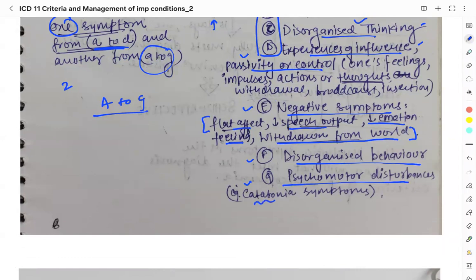For example, catatonia-like symptoms. In catatonia, the patient could be in a stuporous position, not speaking, not walking, just staring or staying in one place. Sometimes there is very poor oral intake.